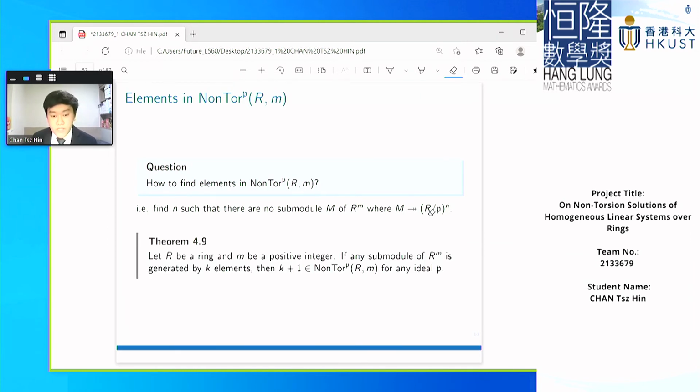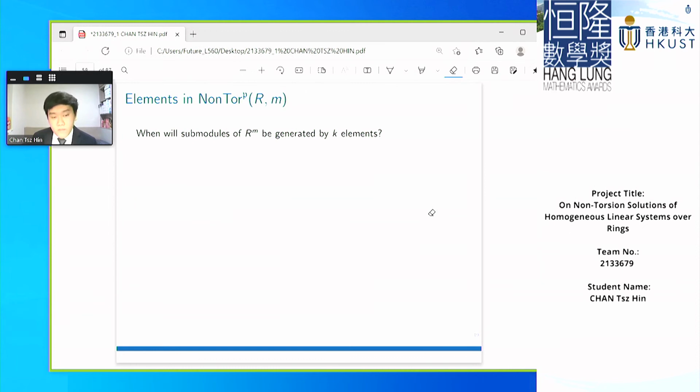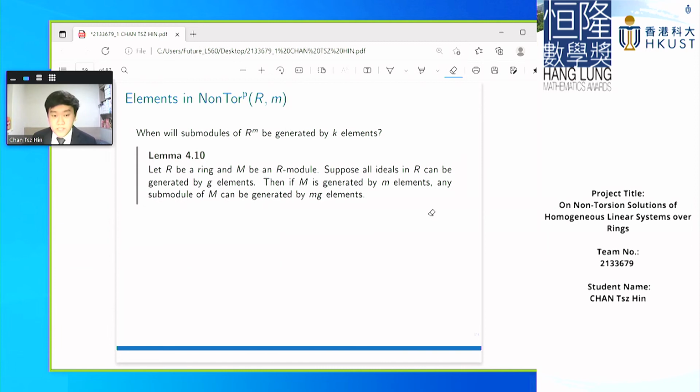The following theorem is our first attempt at providing an element in non-tor(P, R^m). It says that if any submodule of R^m is generated by k elements, then k plus 1 is an element of non-tor(P, R^m). But when will submodules of R^m be generated by k elements? The following lemma answers this question, and it says that if all ideals in R can be generated by g elements, then submodules of R^m can be generated by mg elements.